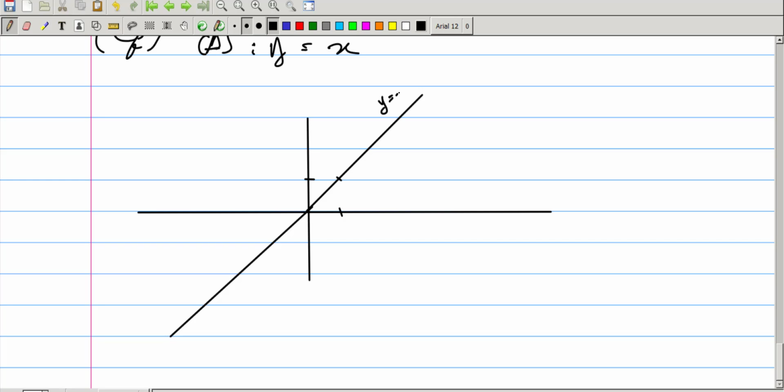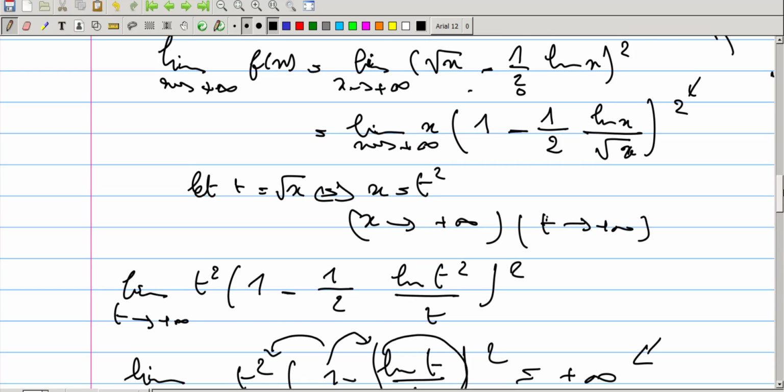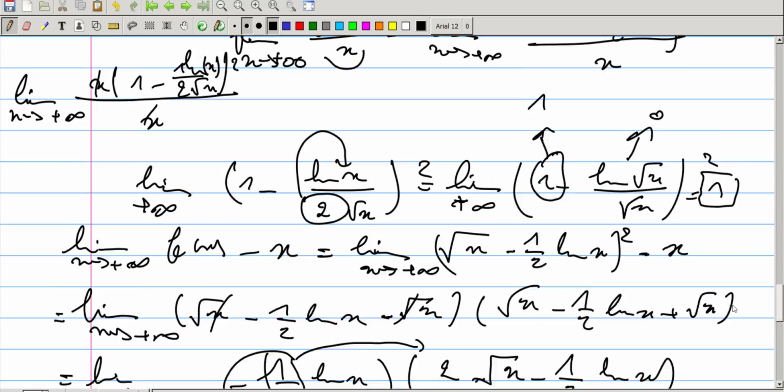So cool, we said in the infinity we have a parabolic branch. I don't know how you call it, but I think it is like that. And in zero we have plus infinity. You see here, it's plus infinity. That means that we have an asymptote.